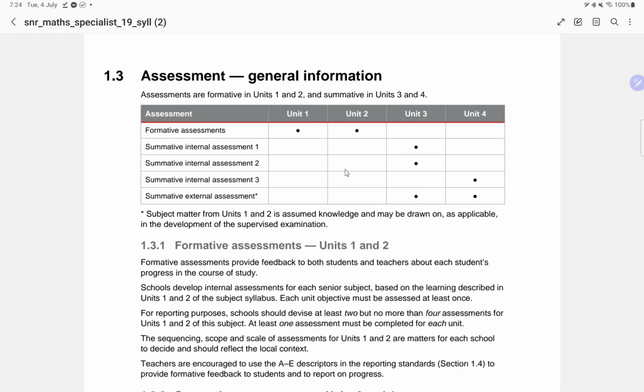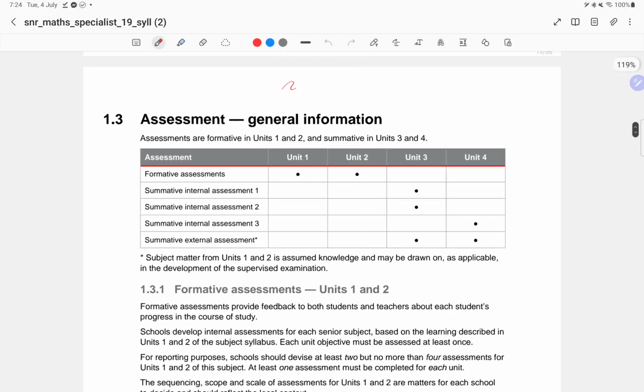Now, even though the summative assessments don't include unit 1 and 2, you cannot slack off on these ones because much of the content from unit 1 and 2 will be used for 3 and 4. Okay, it's just that in unit 1 and 2 you will learn a lot more. So this is what you should visualize. If you have unit 1, and then unit 2, half of that content will be used in unit 3.